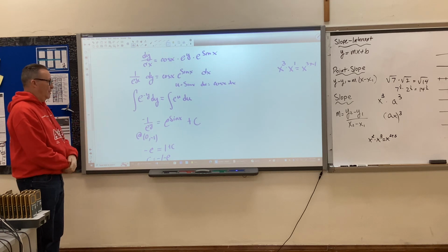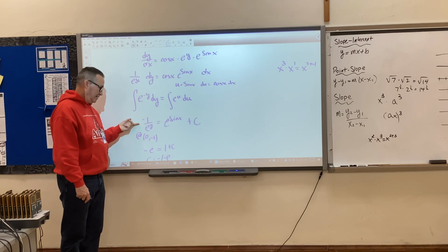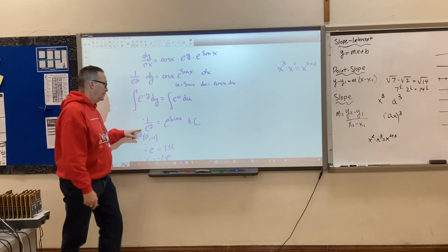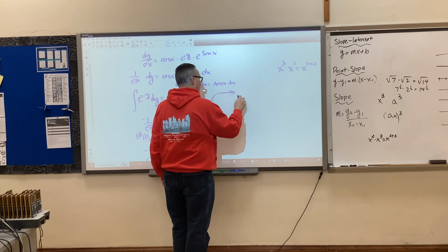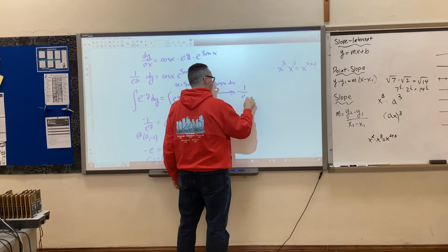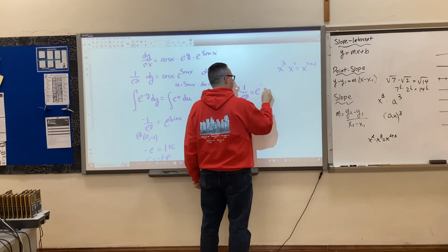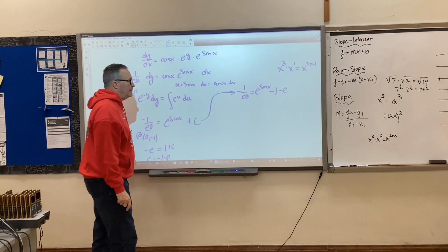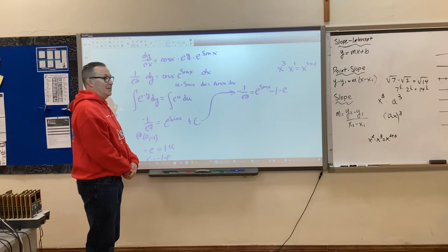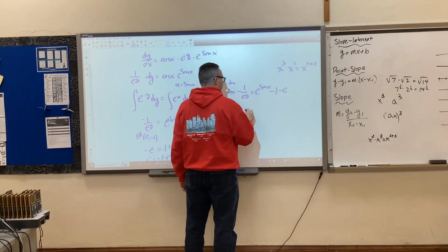Okay. So this is what we got after we integrated it, and we plug this in for C. We can change the signs right here to negative, and flip both sides so we have e to the y.